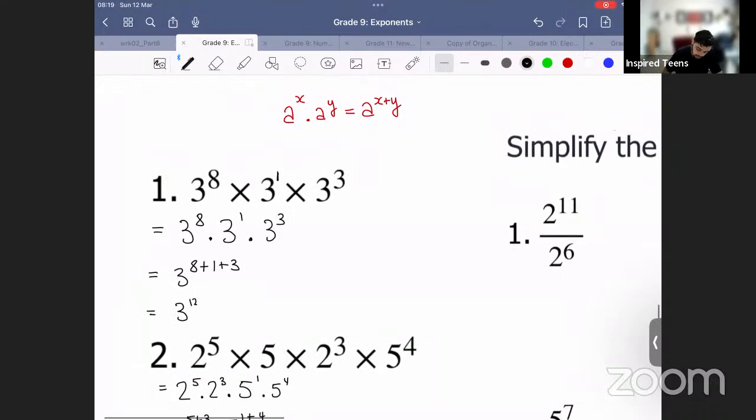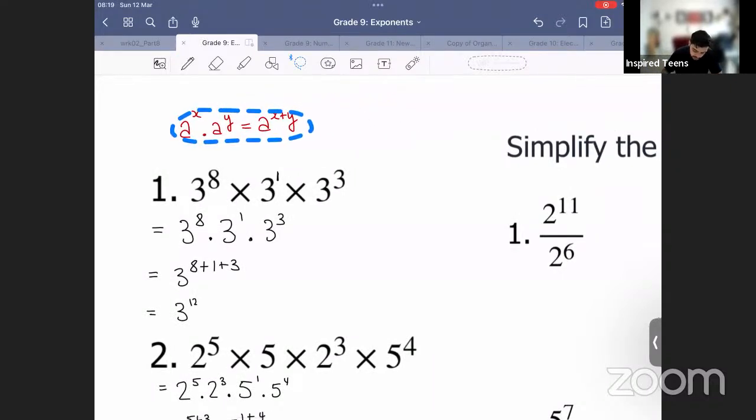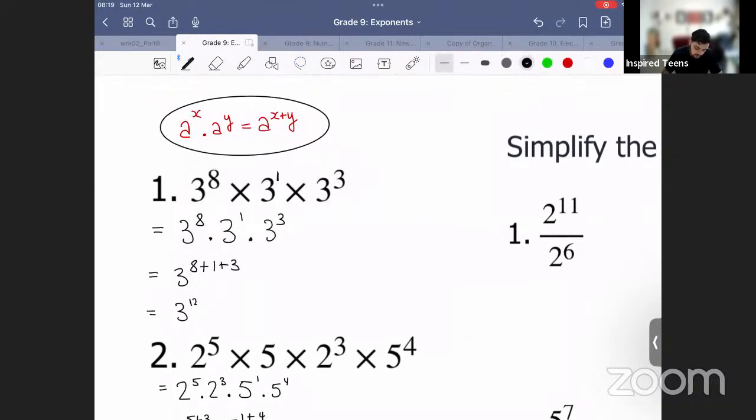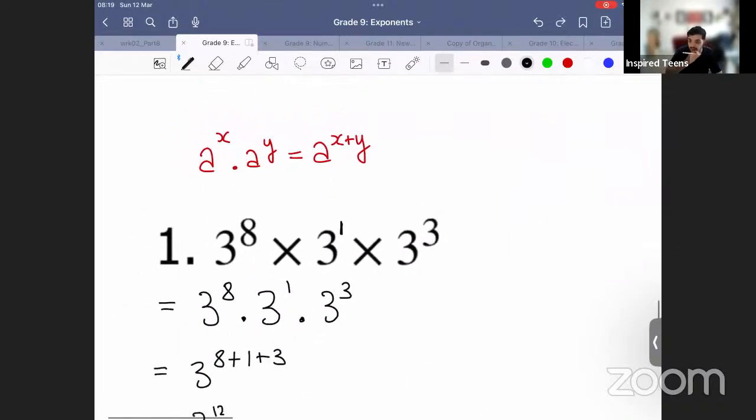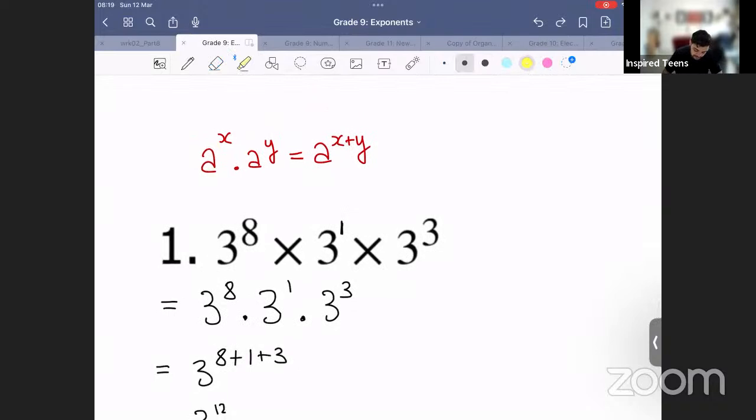So with question number 1, we are basically using this rule: a to the power of x times a to the power of y results in a to the x plus y. So whenever we have two terms with the same bases and different exponents, as can be seen here, we have the same base, a to the power of x.